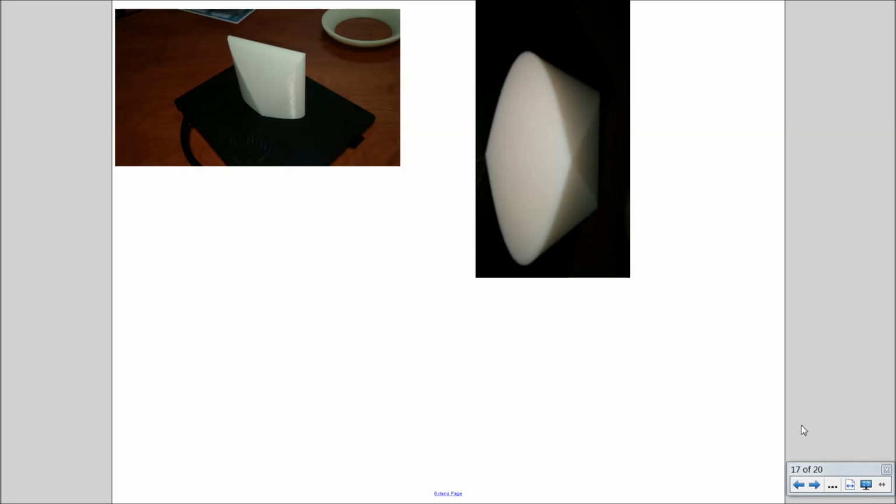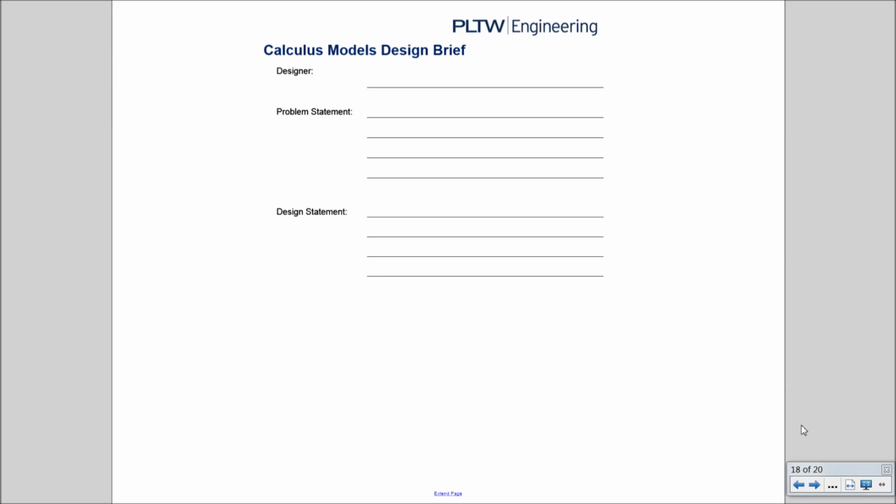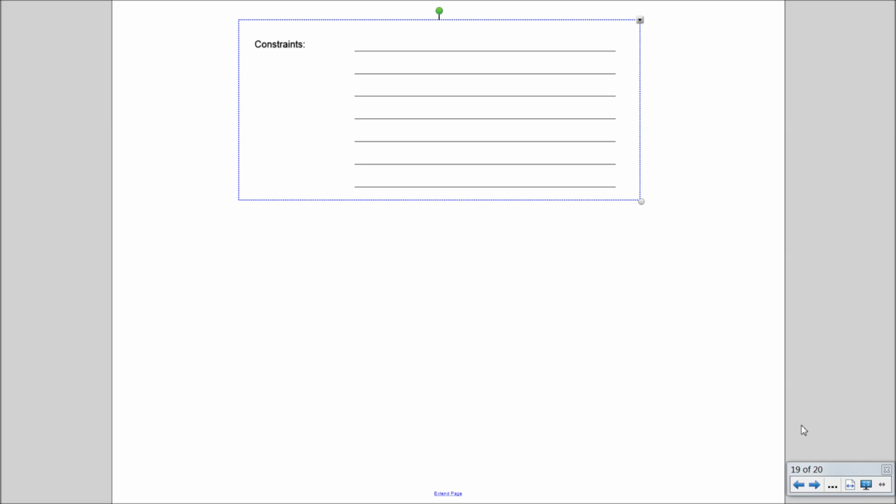So now you have the skills to use Inventor to create 3D models. Now on to the Calculus Models Design Brief. You need to now complete all the parts of this design brief, beginning with designer, problem statement, and design statement, and list all the constraints that you'll come up against to solve this problem.